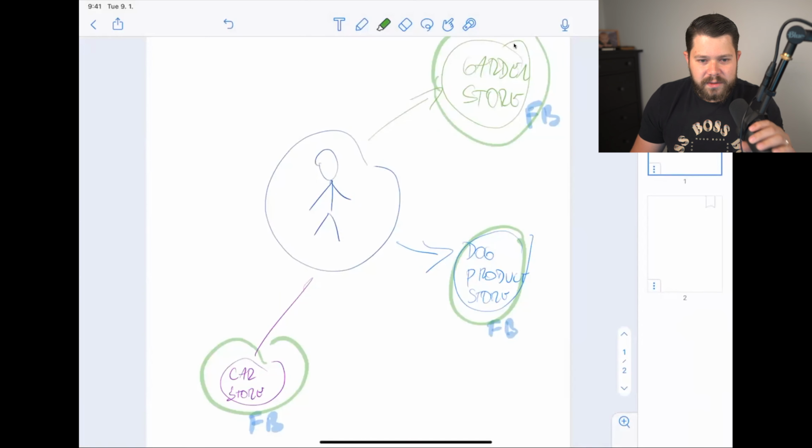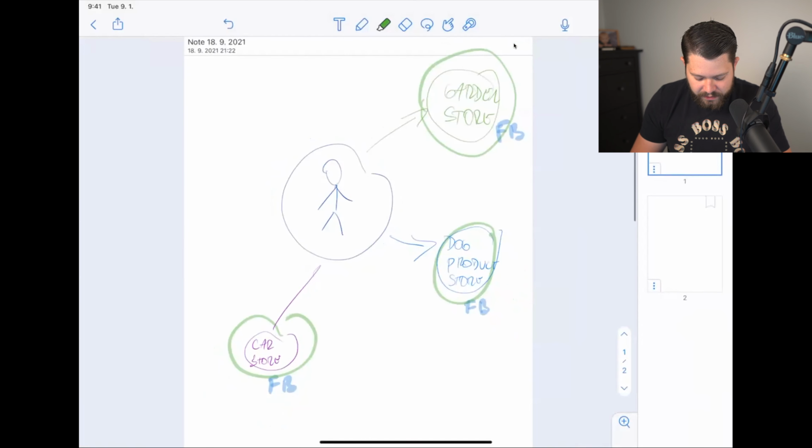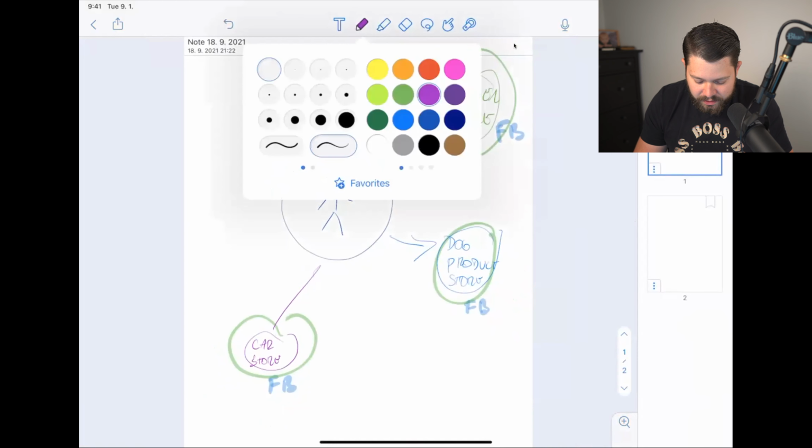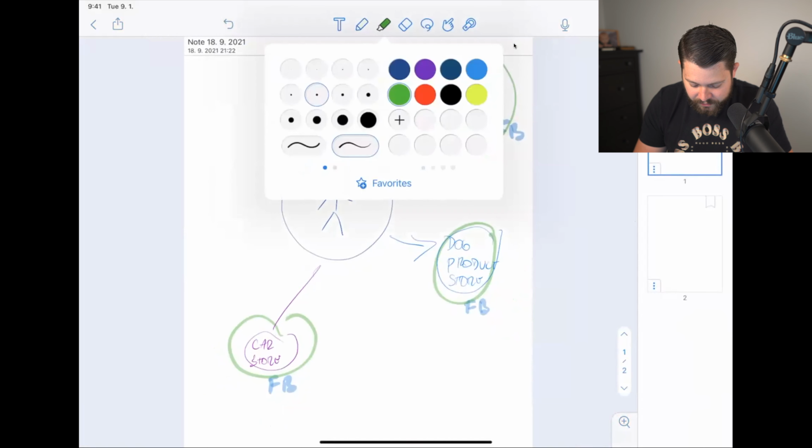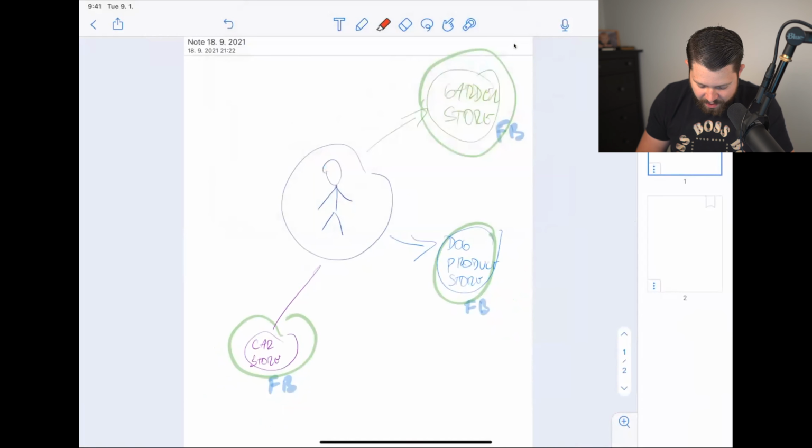Well, Facebook doesn't care if it's a car buyer or dog buyer or garden buyer. They see in what stores they buy, and they probably understand the niche, but what is really important, and this is all about this, is that this person, most importantly, is a buyer, okay?